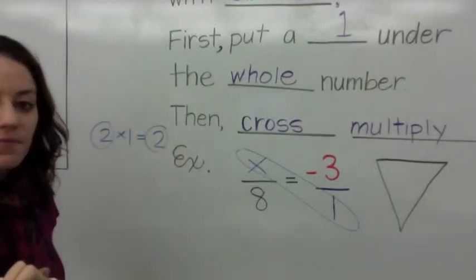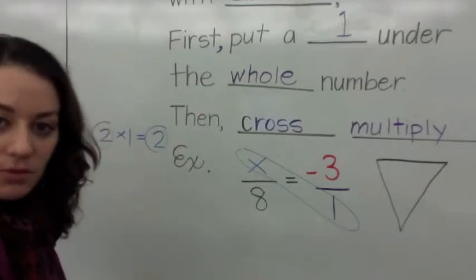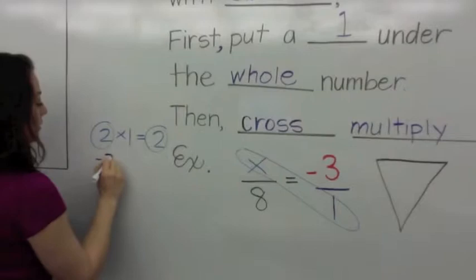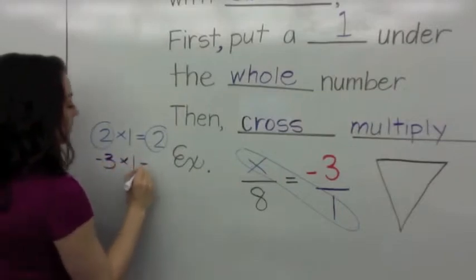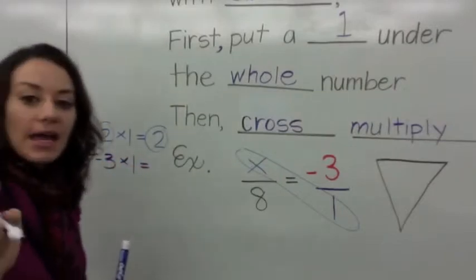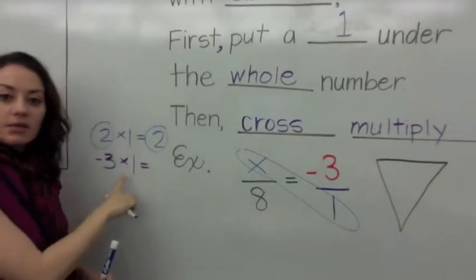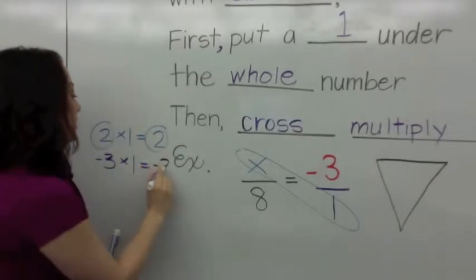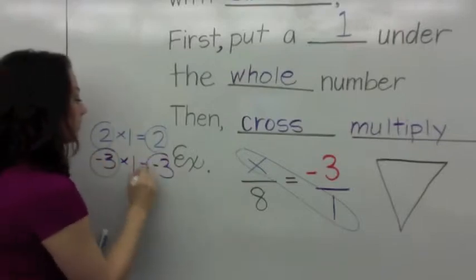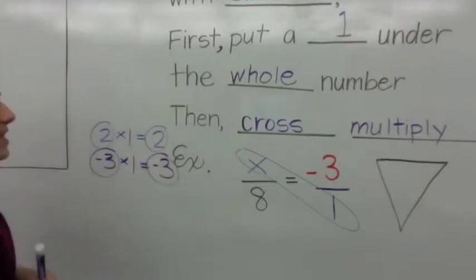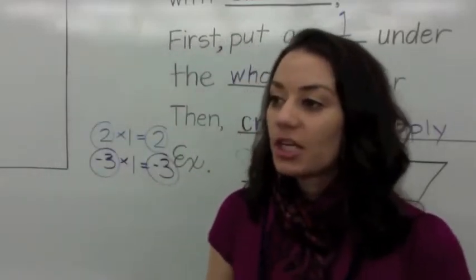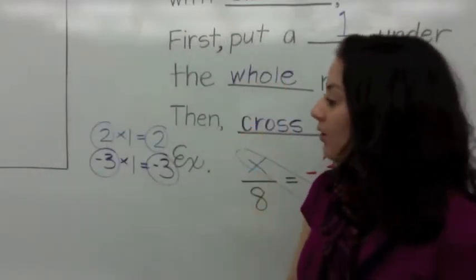Are they the same? 2 equals 2, right? What's -3 times 1? Any number times 1 is itself. It's -3. We call this the identity property of multiplication, the identity property of 1.